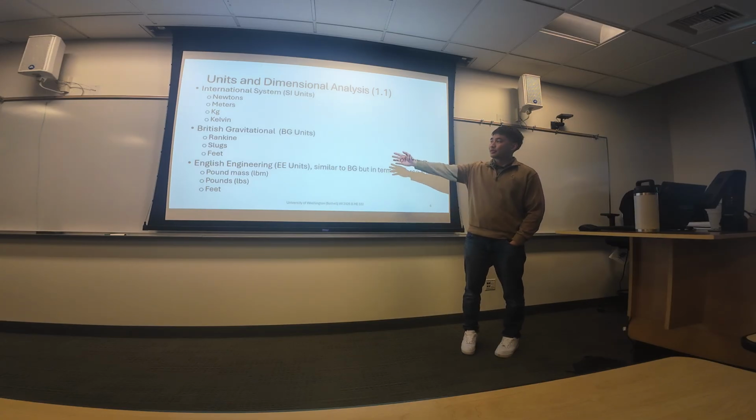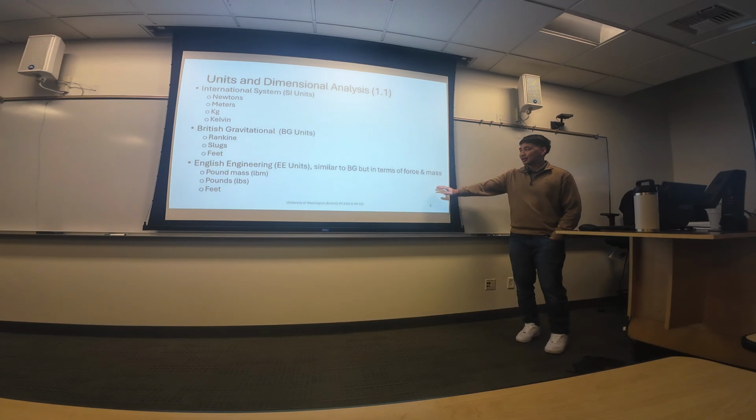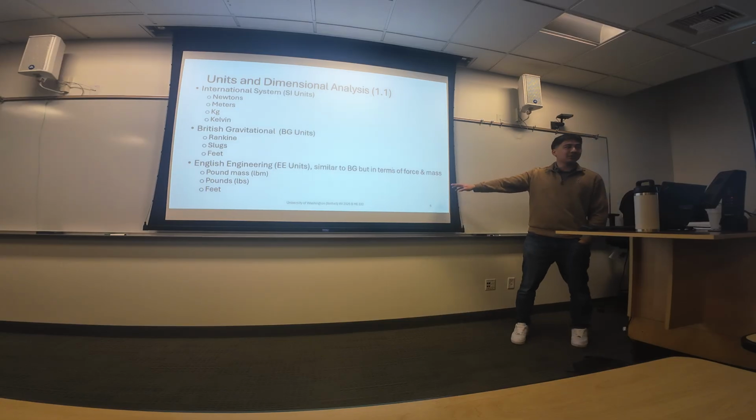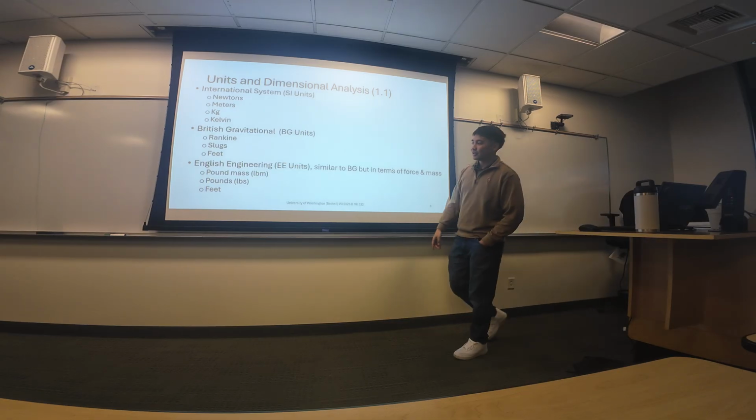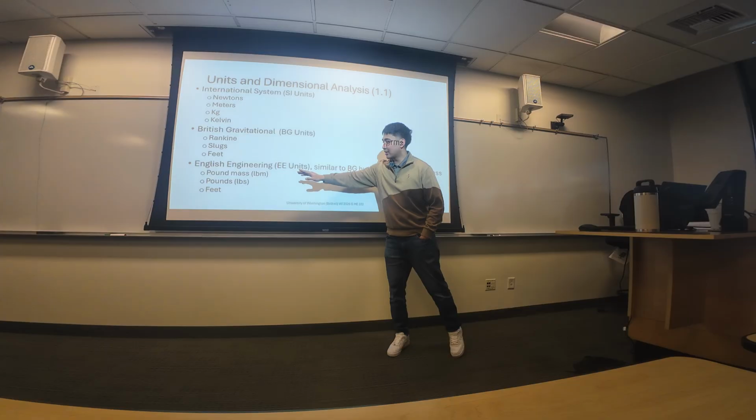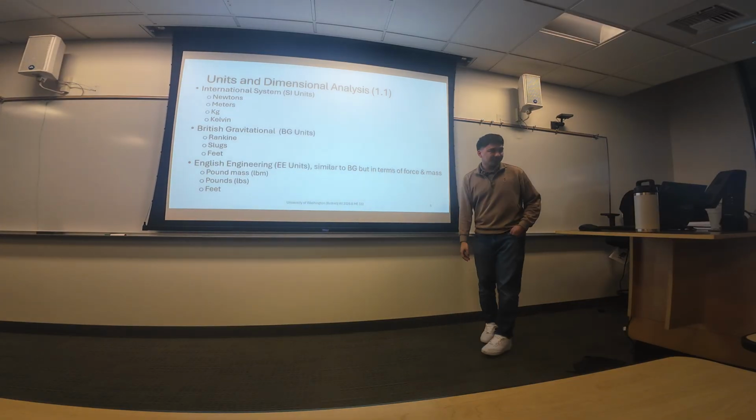You have British Gravitational, BG units, and Rankine, which you should know from thermo. It's another absolute temperature. You have your slugs for mass in those units, and feet. EE units is similar to BG units, but usually in terms of force and mass. That's why you have your pound mass and pounds, but you still also use feet.